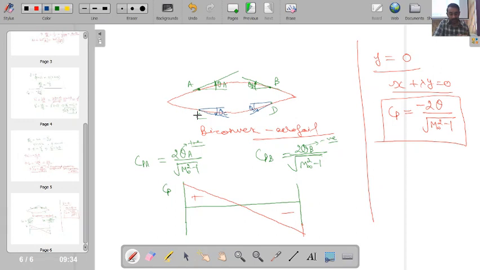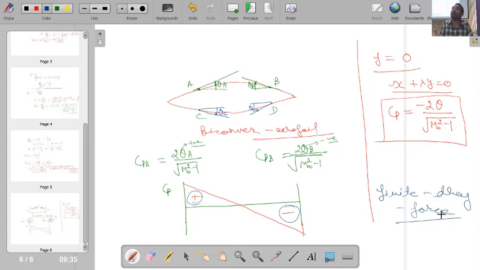Now the interesting point is that here the Cp value is positive and here the Cp value is negative. So ultimately when you calculate the drag force, this minus minus will become positive and ultimately we will get a finite drag force.